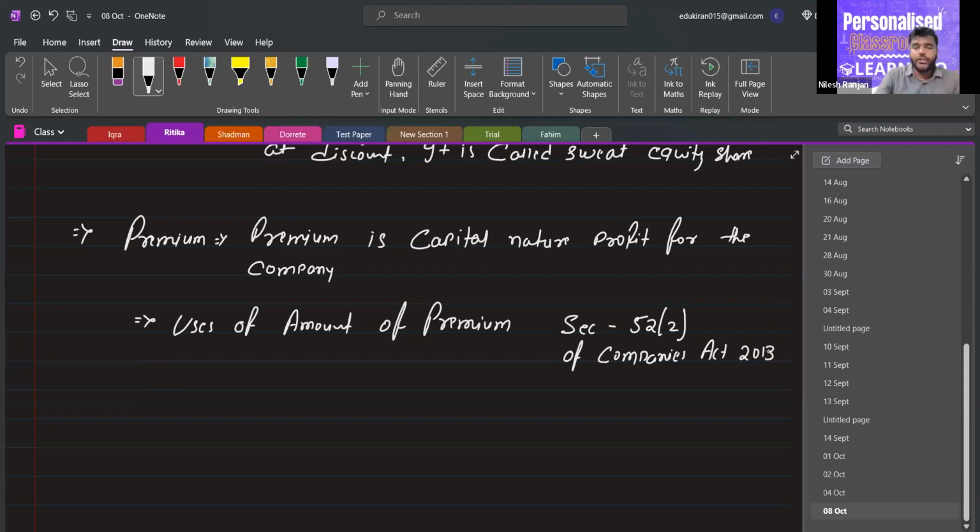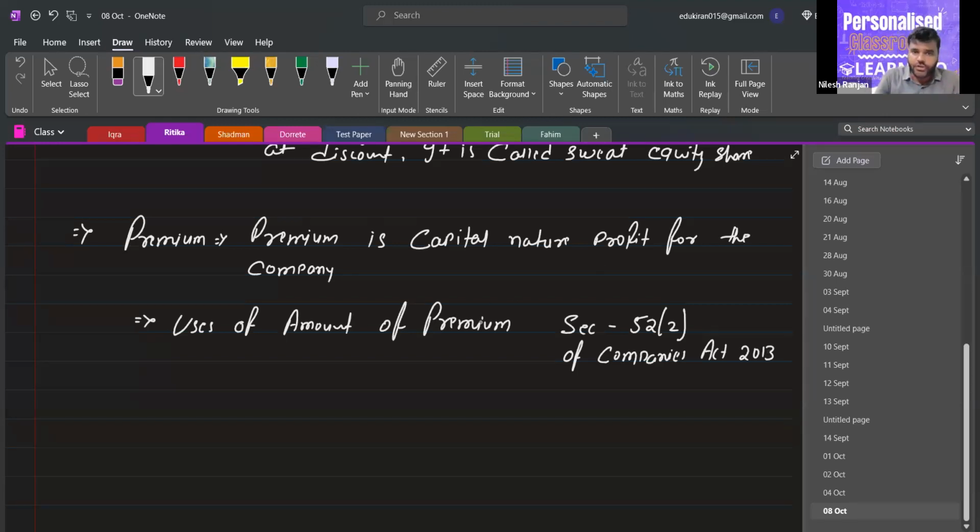I already told you that capital nature profit can be utilized for capital purposes only. Do you think of anything where premium can be utilized? Can it be used in the reserves? Which kind of reserve? The capital reserve.